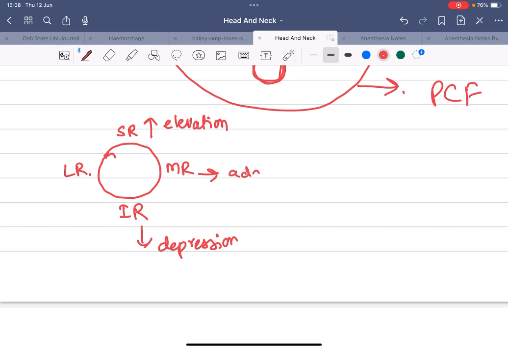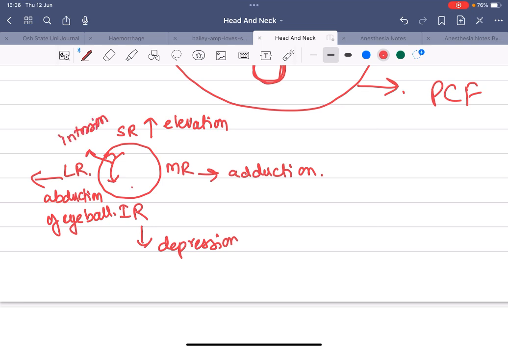And lateral rectus, it will go in this direction, so it will cause what? Abduction of the eyeball. If the eyeball is moving in this direction, this is known as intorsion. If it is in this direction, this is known as extorsion.